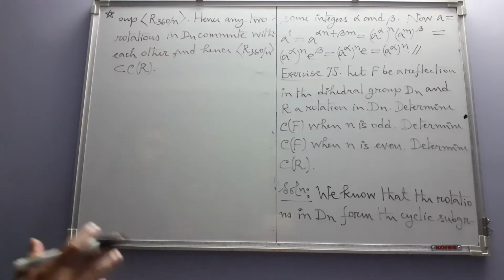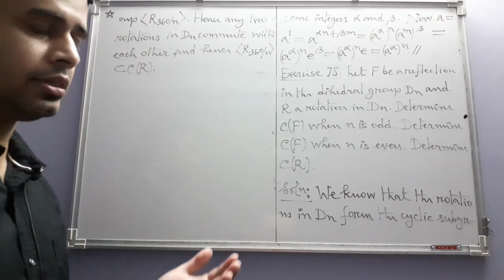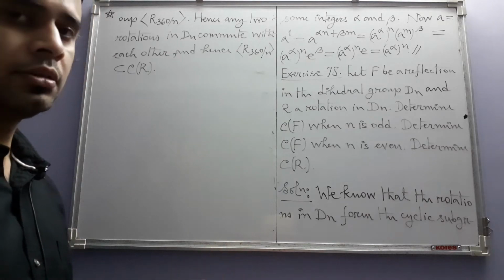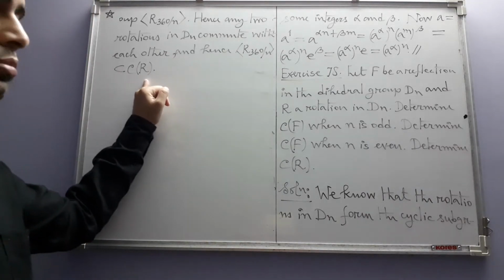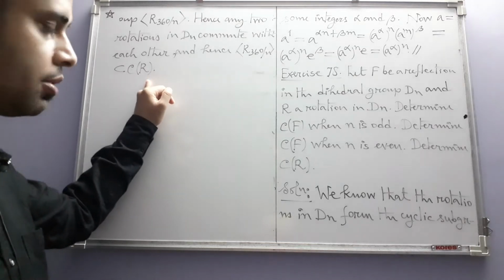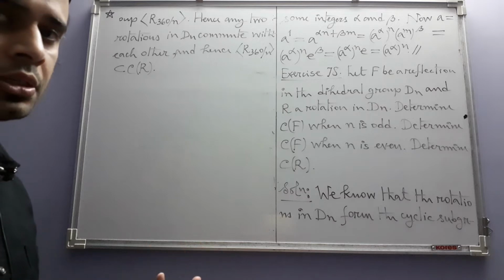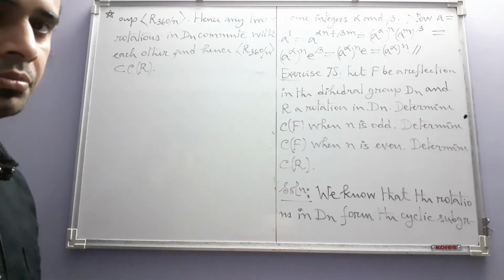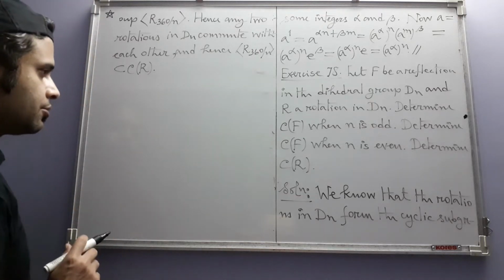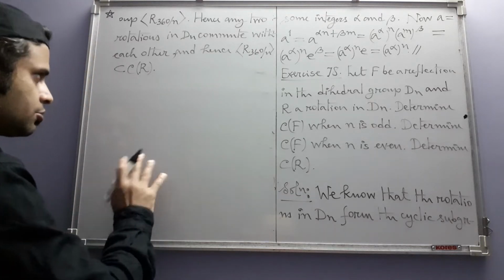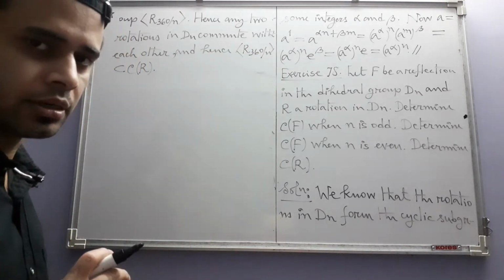Now we also know the fact about Dn that every element in Dn is either a rotation or a reflection. So all the rotations have already come inside the centralizer of R. Now we have to decide whether any reflection also belongs to C of R. Okay, so for that we are now going to see, so we know that rotations commute with one another.